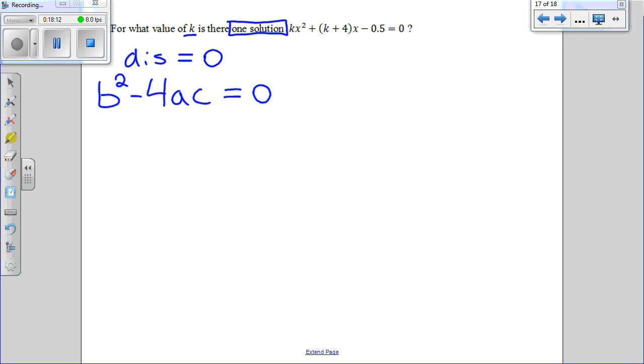So follow this discriminant formula and label these things as A, B, and C. This entire thing is B. So if I was to put this in my formula, B squared, I would put K plus 4 squared. And then minus 4 times A, which is K, times C, which is negative 0.5.